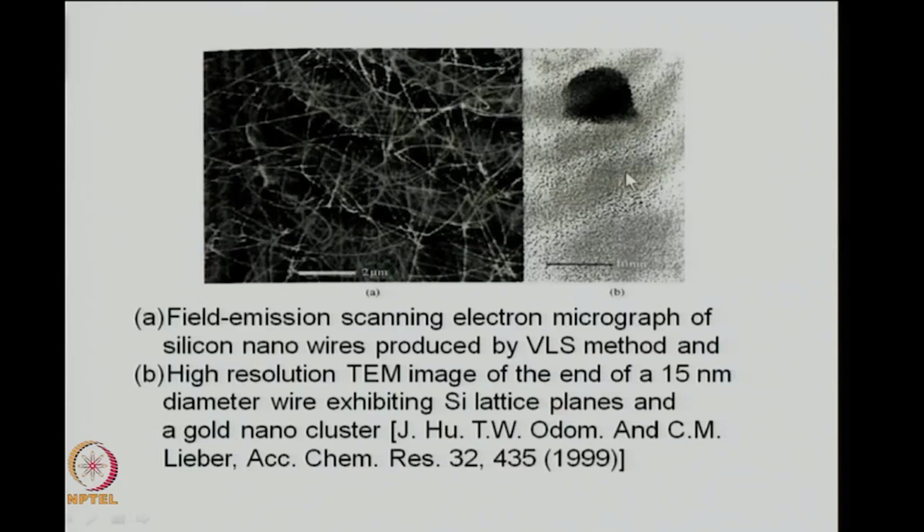This is a high resolution transmission electron micrograph, or HRTEM, in which you can see clearly the tip of the rod with the 15 nanometer diameter gold silicon droplet, and the silicon high resolution fringes can be seen below. Now, this is not high resolution, this is a scanning electron micrograph, so it is much lower resolution. It tells you more or less how many wires are grown, how long the wires are, etc.